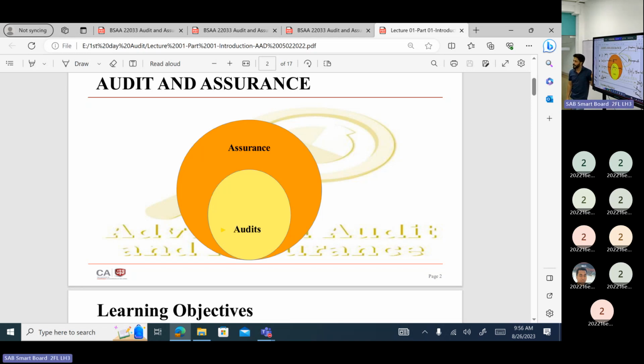What's the difference? So both are financial reporting frameworks. It's a common framework, not a specific framework. Common framework means it can be used by anyone in the society. Specific framework is a kind of a given guideline for a specific industry, specific company.